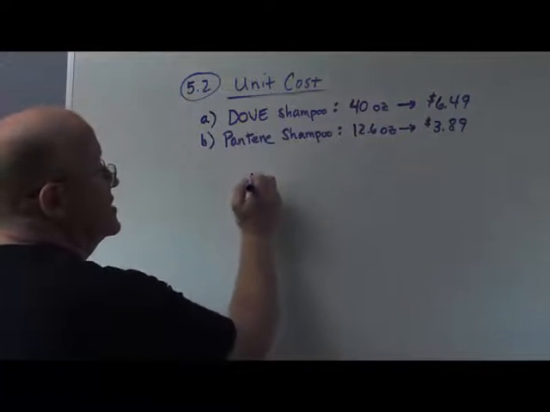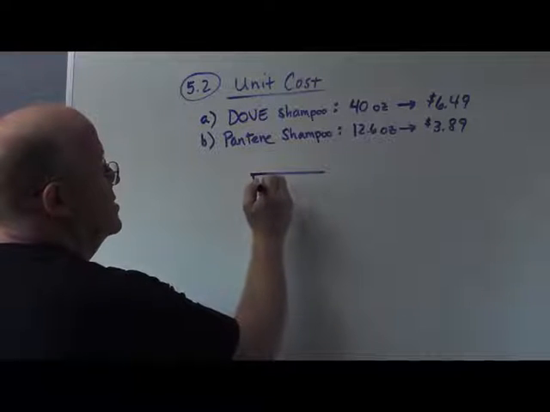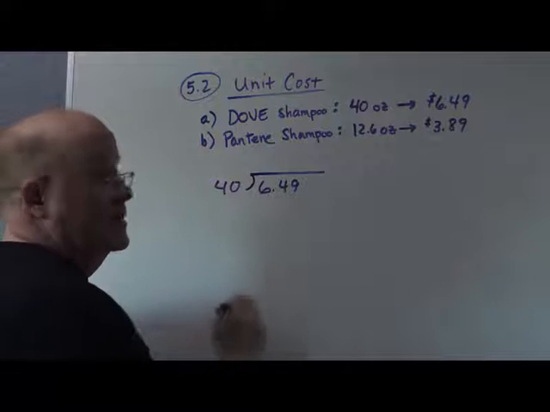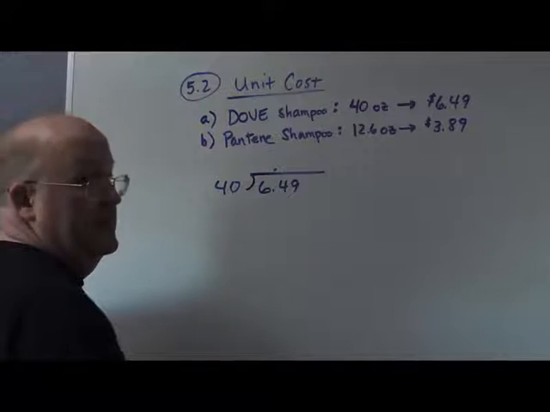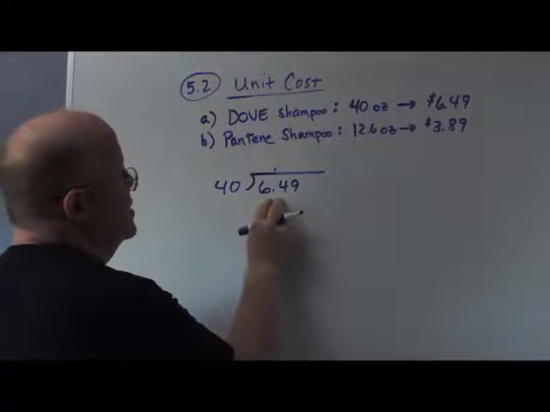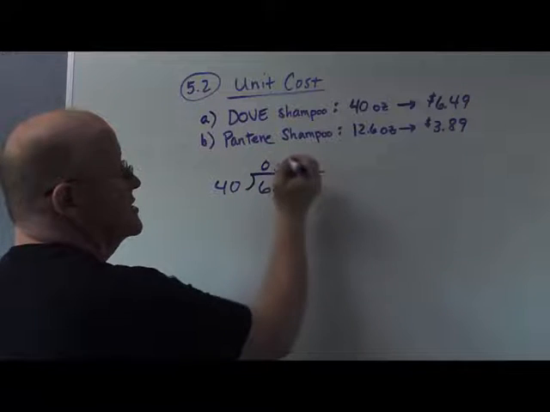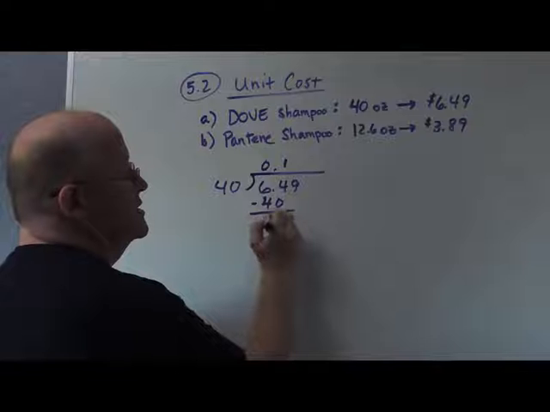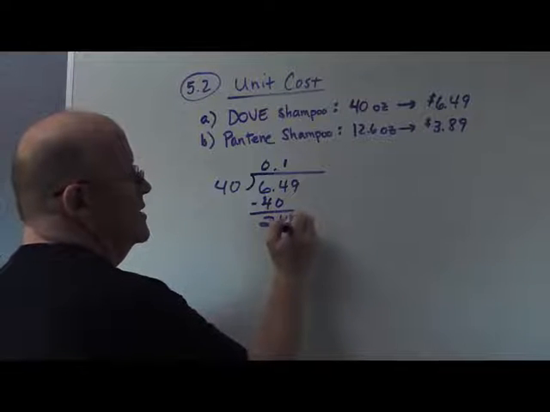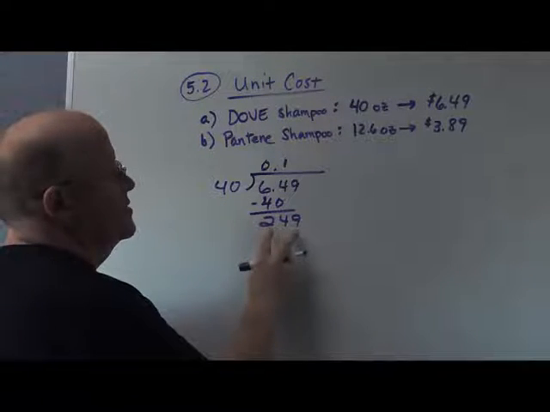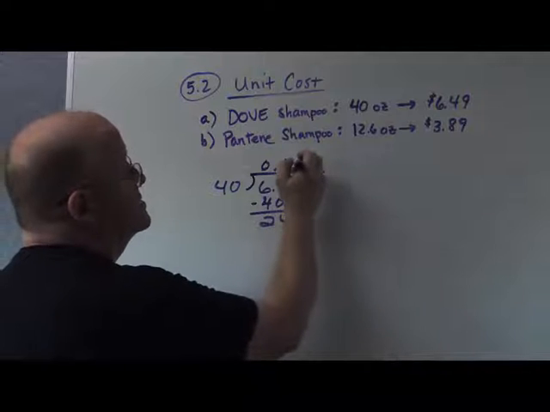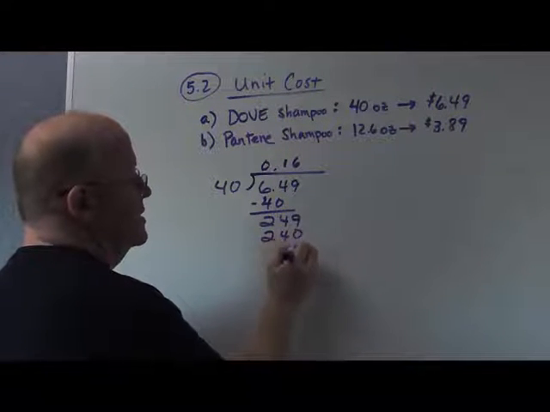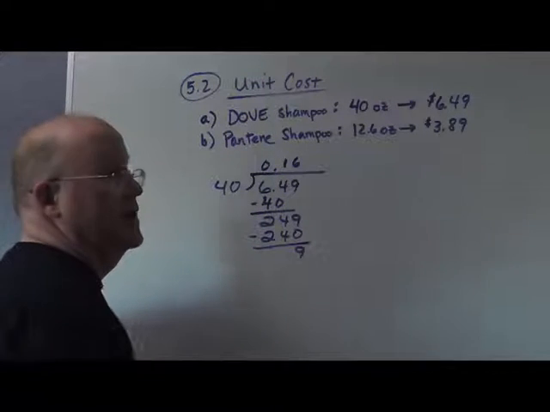So in this first case, we will take $6.49 and divide by 40. I'm going to move the decimal up there, and 40 does not go into 6, but it goes into 64 one time. Subtract that 40 to get 24, and bring down a 9. 40 goes into 249 6 times, and that gives us 240, which I'm going to subtract and get 9.